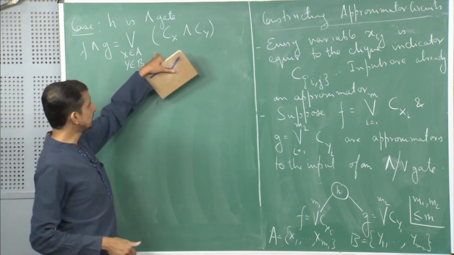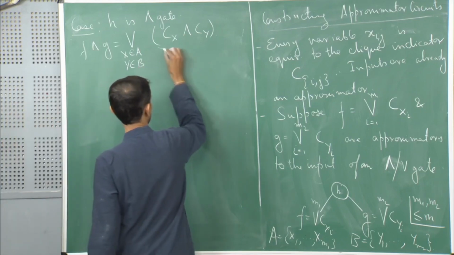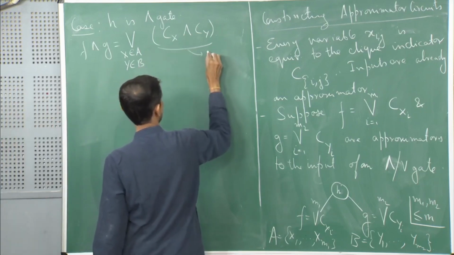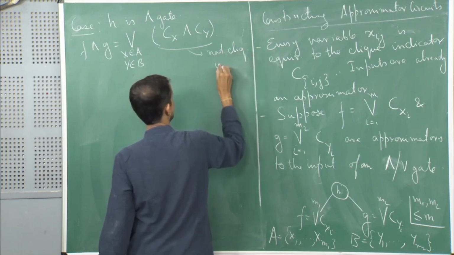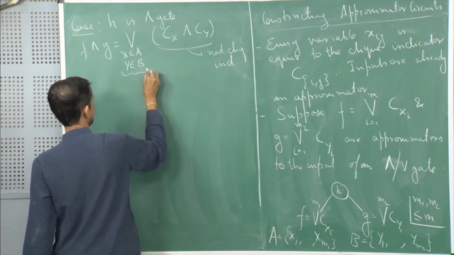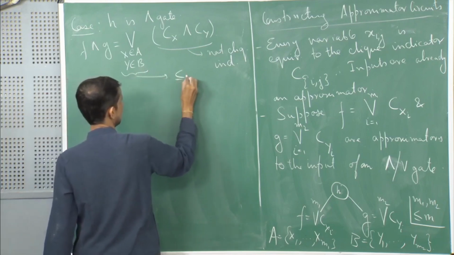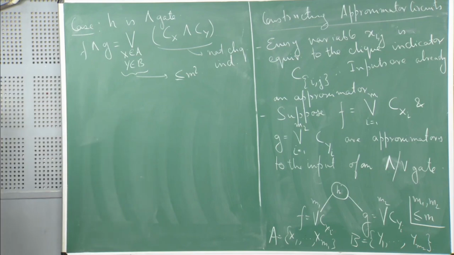This is not an OR of clique indicators, right. So first, these are not clique indicators, and secondly this quantity is at most m squared. So we have to handle both.